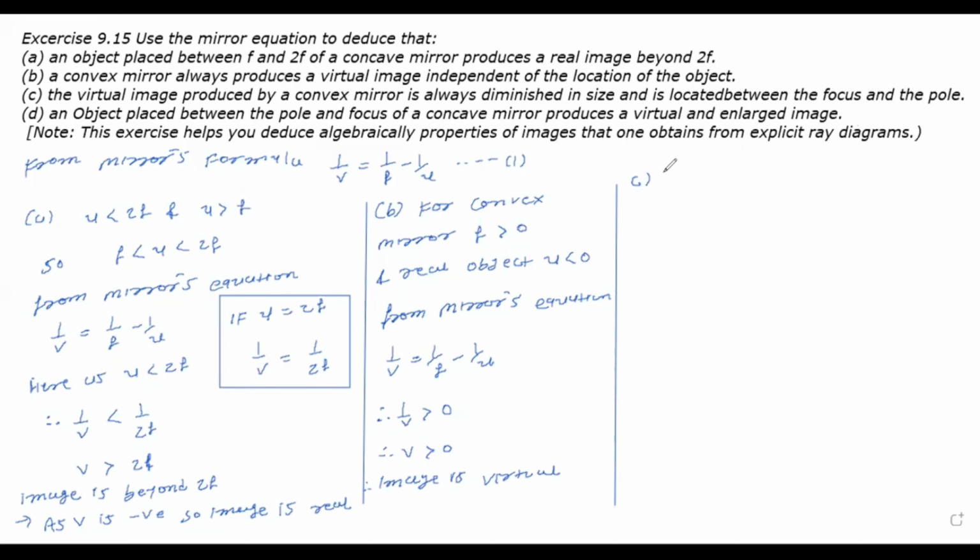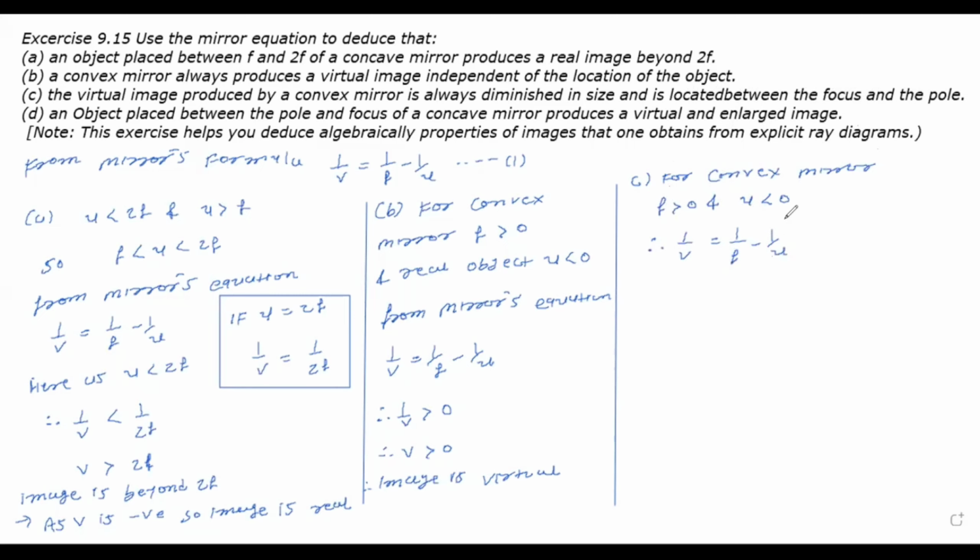So here we can say for a convex mirror f is greater than 0 and u is less than 0. Therefore, from the mirror formula, 1 over v equals 1 over f minus 1 over u.